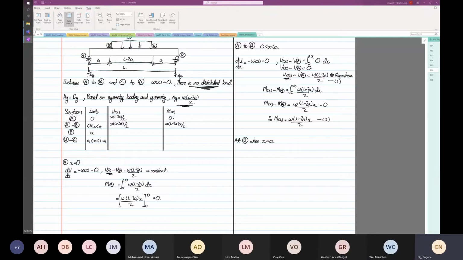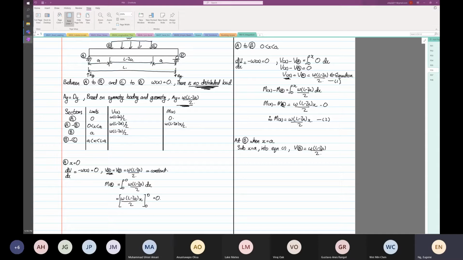So to find at point B what is going on, you're going to substitute X equal to A into equation number 1. Therefore the shear force at point B is equal to omega (L minus 2A) divided by 2, because it's a constant. If you look at equation number 1, you go down here, omega (L minus 2A) over 2.